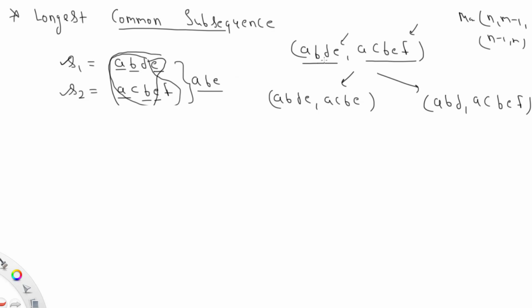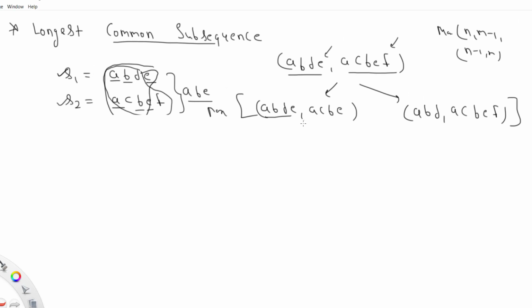When we took n, meaning exactly the length, and m-1, we decreased one element. Similarly here we did n-1, which means removing one element. So whatever will be the maximum out of these two, that will be my answer, right?